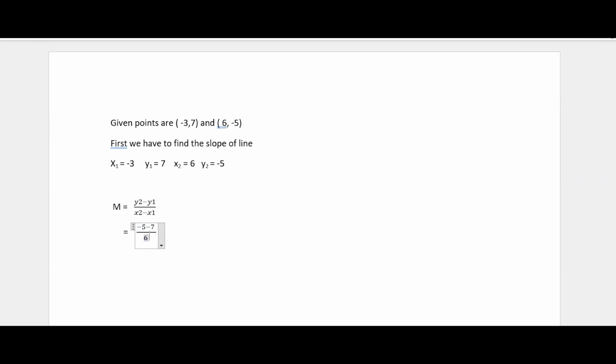Here teacher has plugged the values of given points in above formula. Here, teacher is simplifying the terms.